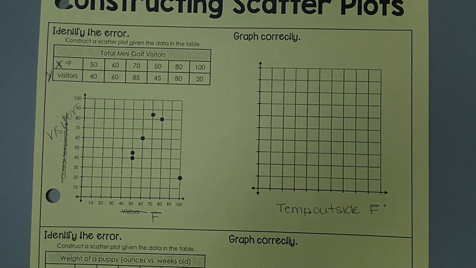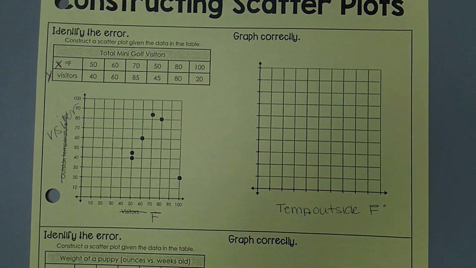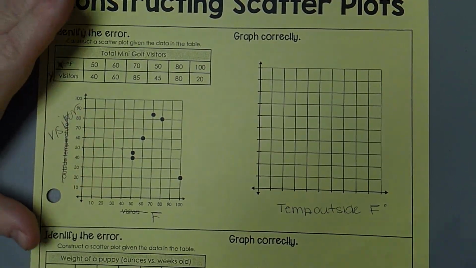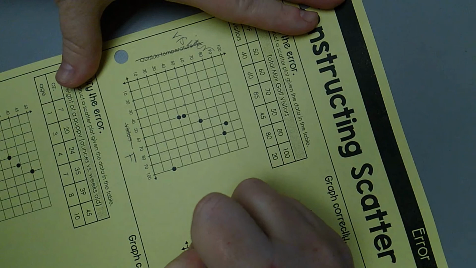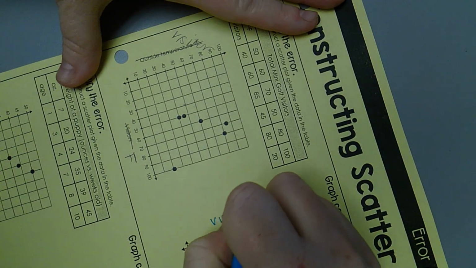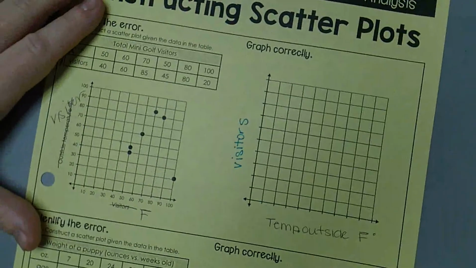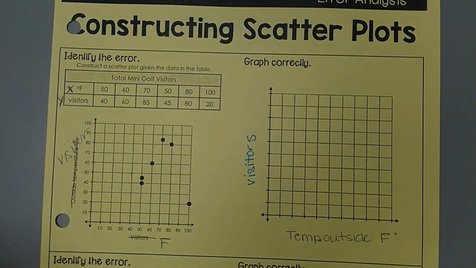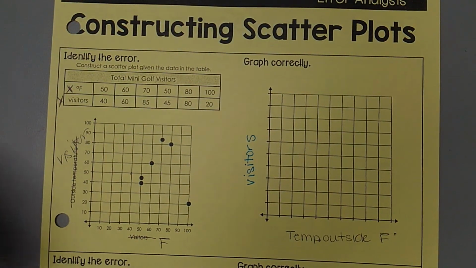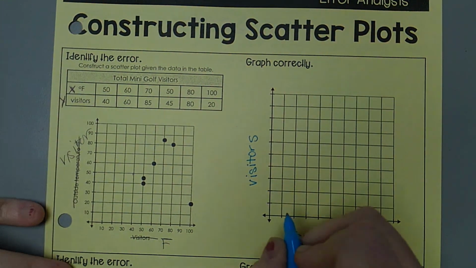Sorry, I just want something else to write with. Let's try this. And then we have visitors. We can count by tens just like this graph did.